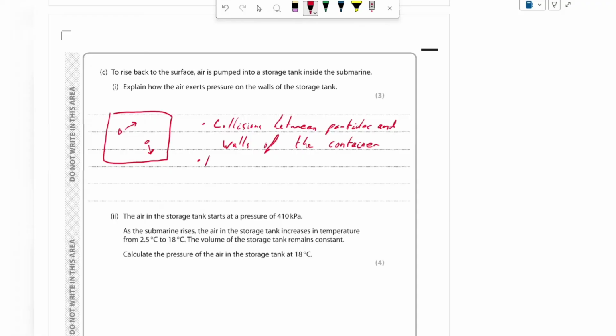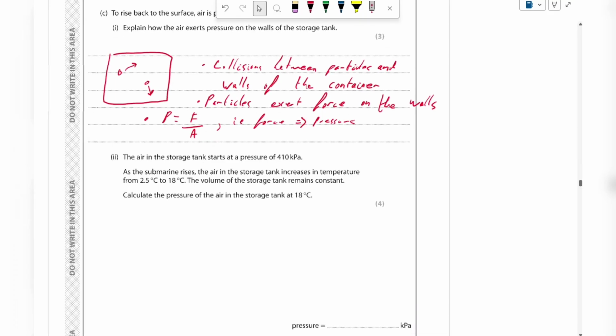When this happens, the particles exert force on the walls, and pressure equals force divided by area, i.e. force leads to pressure.